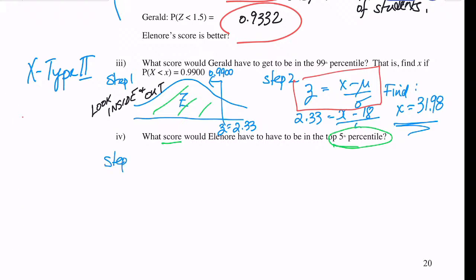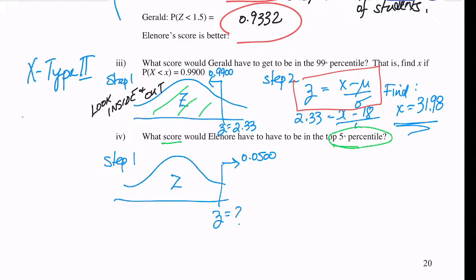Sorry, you're performing step 1. You draw the z-curve and you include the information. This is a terrible curve, but let me put it here. So here in the top 5%, so that looks like this. Now I write it like this to remind you, you need to go inside the table to find the z-score. So how many standard deviations are you from the mean to be in the top 5%? Well, if you're in the top 5, you're also at the 95th percentile. You guys showed me that you knew this yesterday.